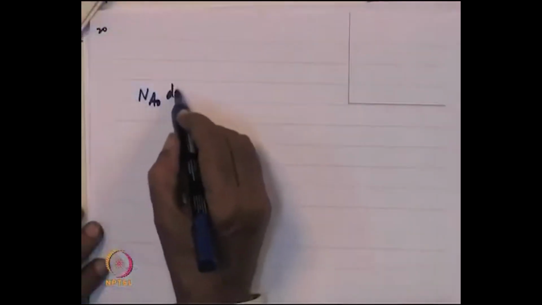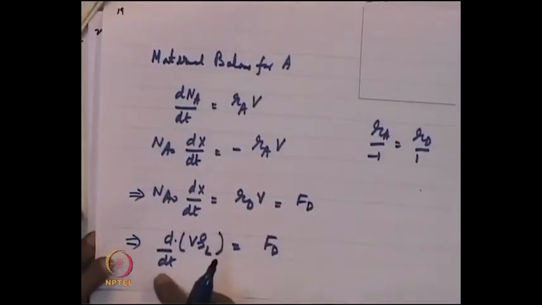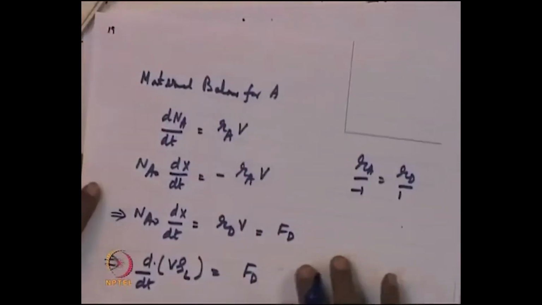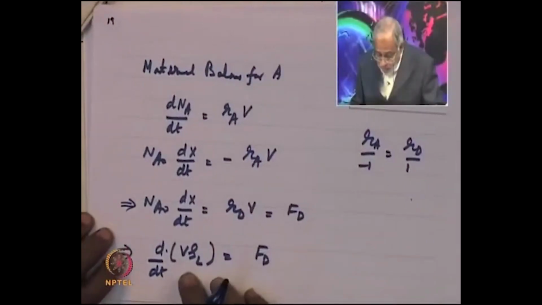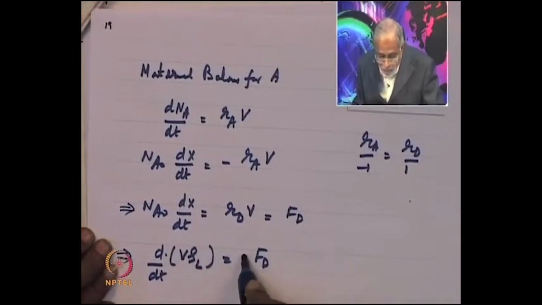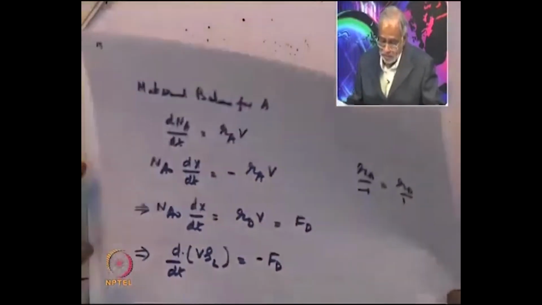So, what we are saying is that N_A0 dx/dt, please note here, equal to F_D, d/dt of V_L is also equal to F_D. Okay. So, you notice here d/dt of V_L, here V_L is V, this is decreasing, therefore there must be a minus sign here. Okay. So, that is why I put a minus sign here.